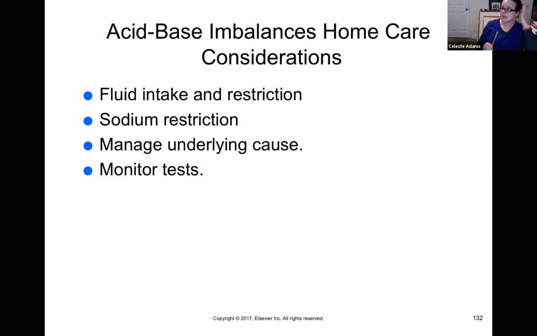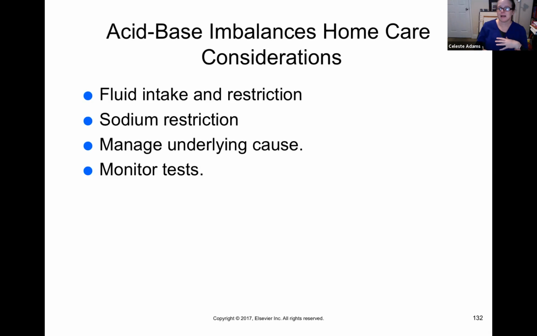You want to tell the patient to take their insulin when they need to. Don't let their blood sugar get high, and make sure they get lab monitoring, blood work, those ABGs, those lung function tests if it's a respiratory issue. You want to make sure those tests are staying within normal limits.